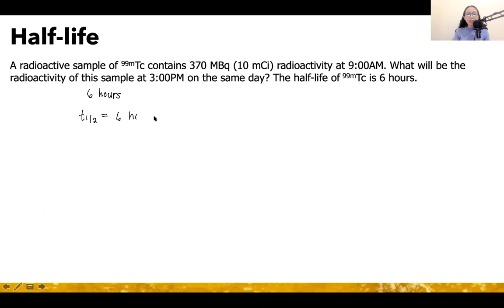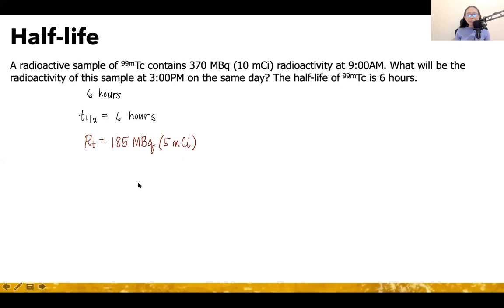It means one half-life cycle happened in this sample, which means that the radioactivity of this sample must be half of the starting activity at 9 a.m. Even without performing any computations, we can tell that the radioactivity at 3 p.m. is half of 370 megabecquerels, or 185 megabecquerels, or 5 millicuries.